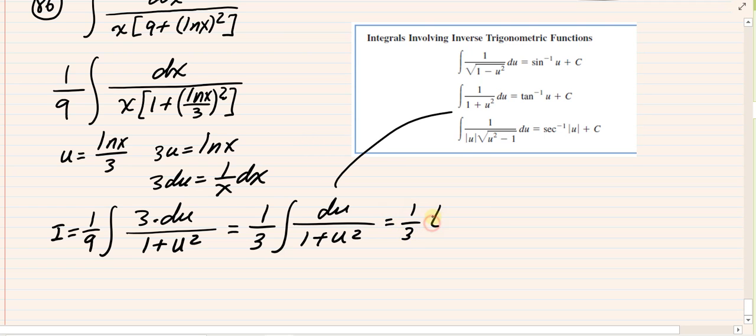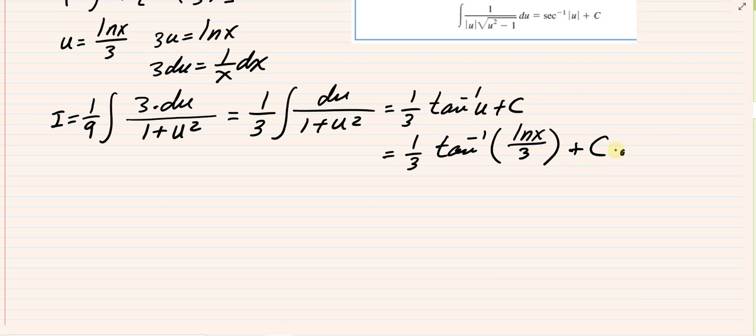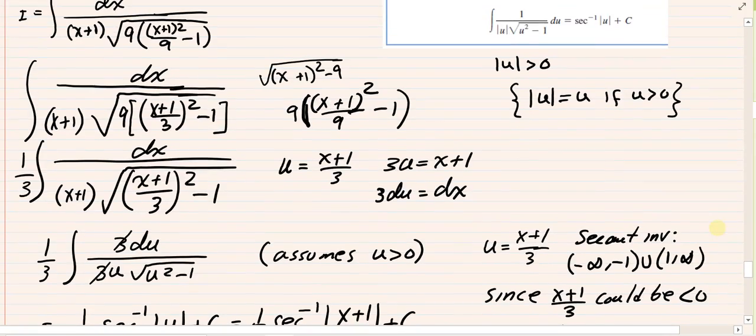So that's going to be 1/3 tan inverse u plus a constant. Now I'm going to replace u with ln x over 3, so that's 1/3 arc tan of the natural log of x divided by 3 plus a constant. And that should do it. That was much easier than the one prior to that. And with that we are done with this lecture and with this section.